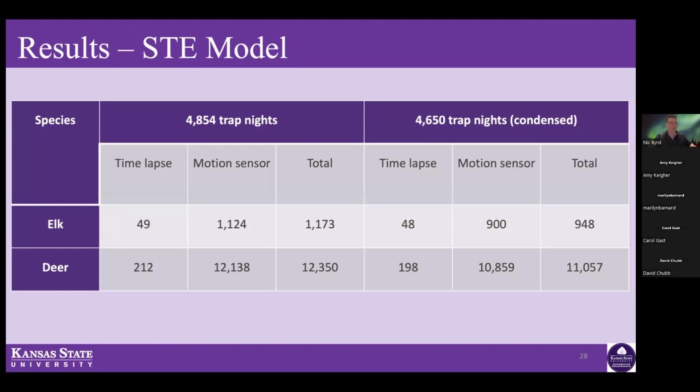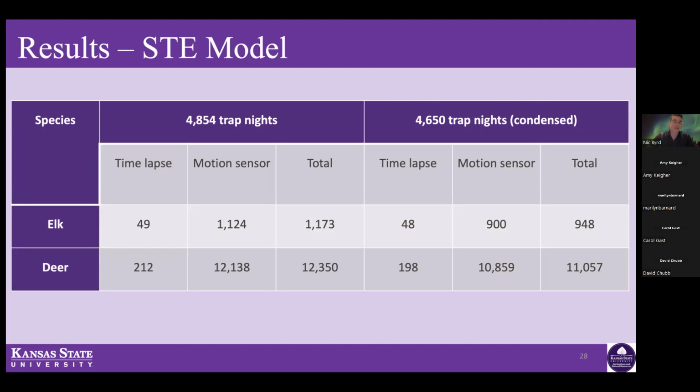And so for our results, we were able to have 1,173 photos for elk over our full trap nights, and then just over 12,000 for deer for our full trap nights. Since it took about 2 to 3 days to install the cameras, not all cameras were taking photos within the same time.